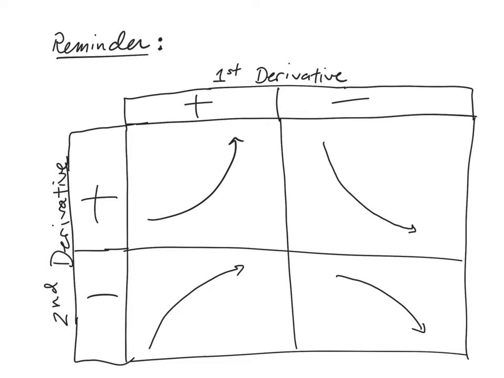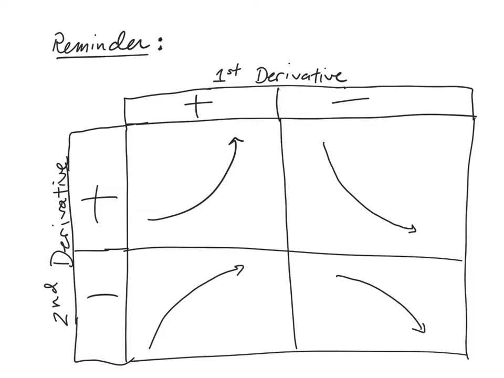Based on the second derivative, or the concavity, it can either increase with a positive concavity, opening up, or increase with a negative concavity, opening down. The same thing can happen when the first derivative is negative. It can be decreasing with a positive concavity, opening up, or decreasing with a negative concavity, opening down.